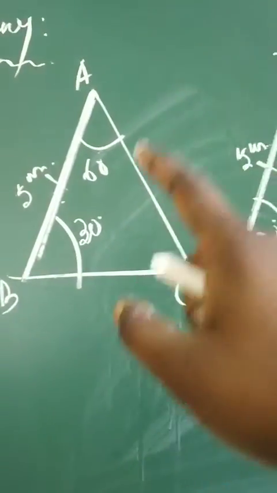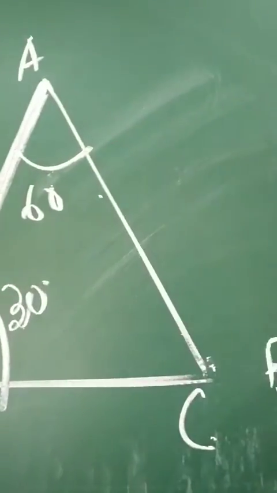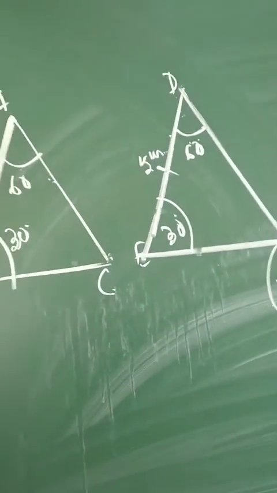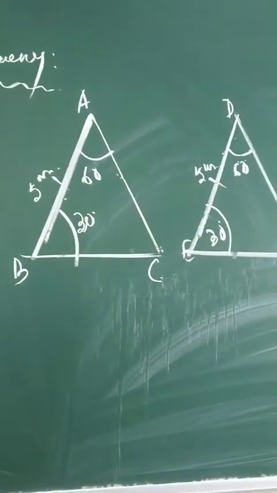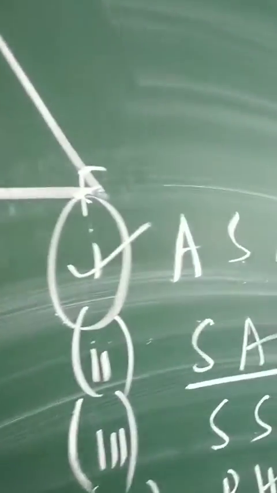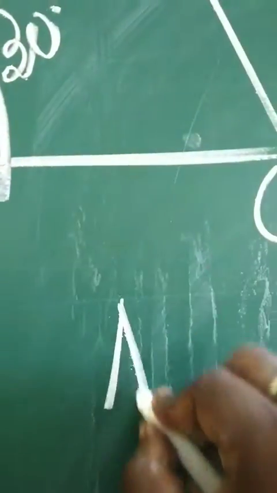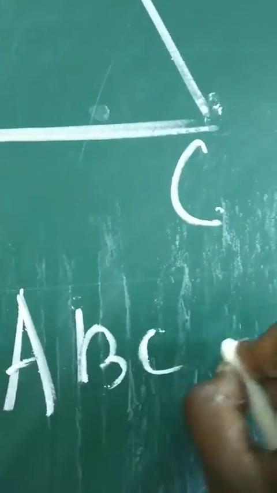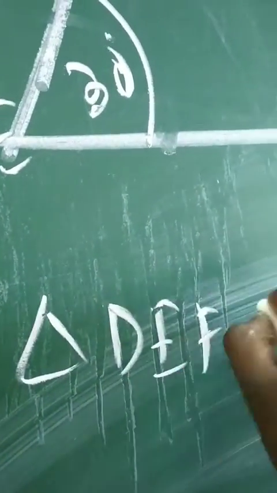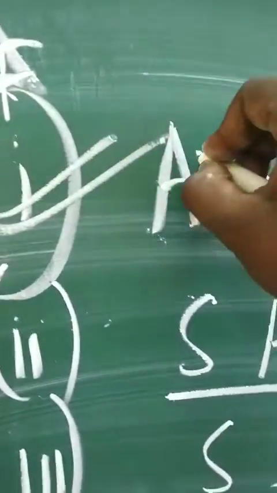If they are equal in measure for these two triangles, we can say that these two triangles are congruent with each other by the criterion of angle, side and angle. So I can say triangle ABC is congruent with triangle DEF. This is the congruent symbol, children. So the first one was angle, side, angle.